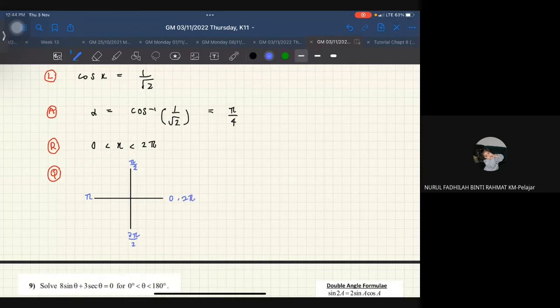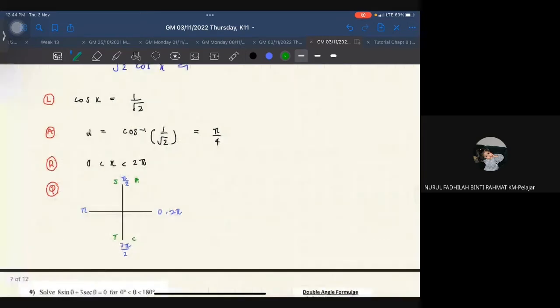Okay, and then apa yang saya nak letak adalah I will put the ASTC, ASTC ataupun attributed coffee, to denote which quadrant yang positif ataupun which quadrant yang ada trigonometric. Okay, and then next thing yang saya nak buat adalah kita akan cari quadrant mana cos kita ni positif.